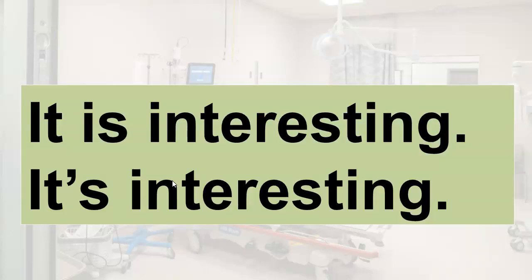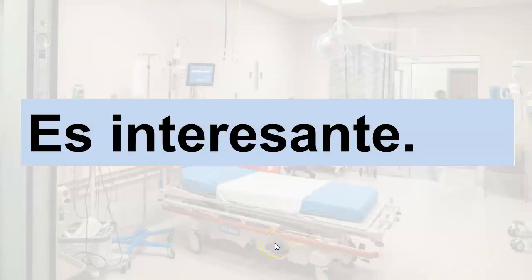It is interesting, or it's interesting. This is the case where there is no subject pronoun in Spanish for it. You simply have to use the right verb form and, of course, the adjective. So to say it is interesting in Spanish, we simply say es interesante.